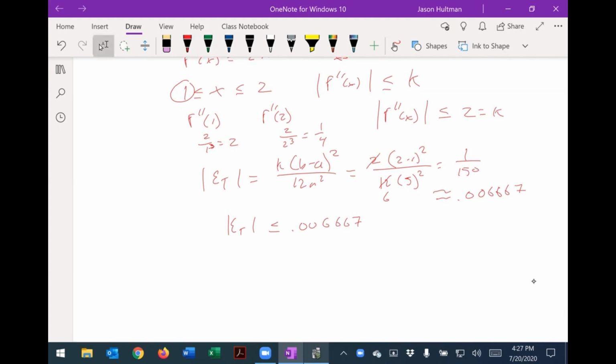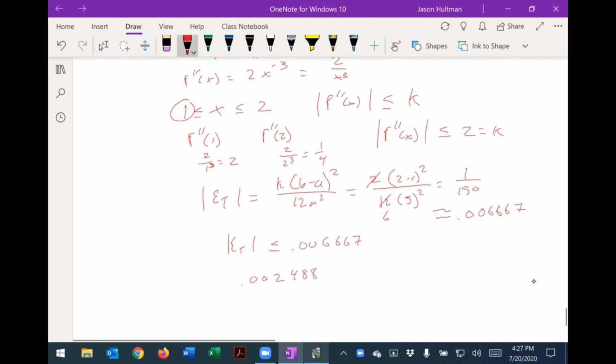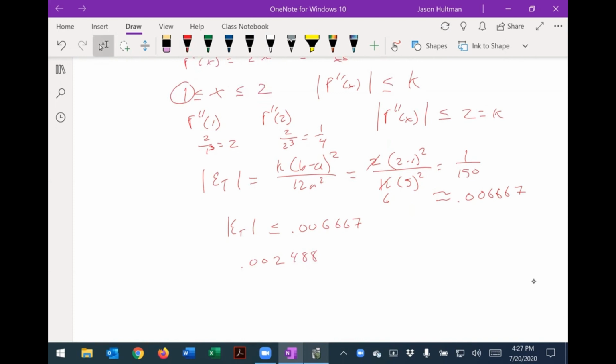Remember, the actual error was 0.002488, which is within this boundary. This is an upper bound. Remember, this is just an educated guess. It tells us the error is pretty small. The actual error is about 1/3 as much, but we're still at the thousandths place. It's still pretty accurate.